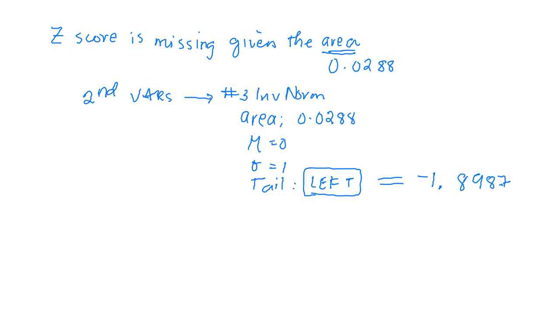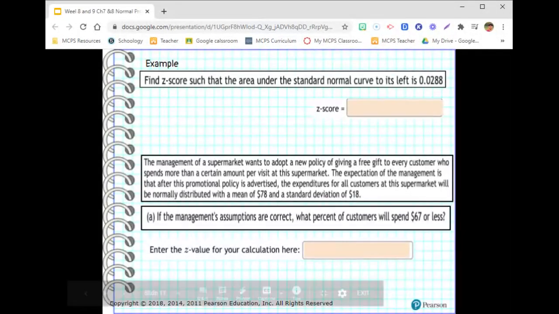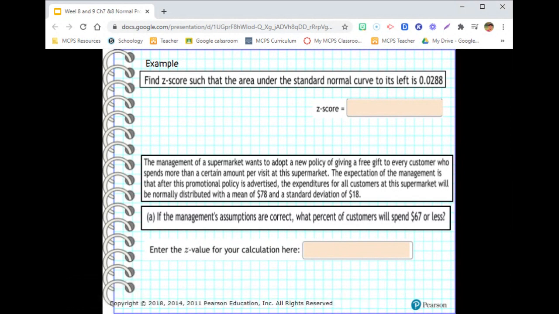Let's see. This problem right here, the next one, let me share my presentation again. Okay. The management of a supermarket wants to adopt a new policy of giving a free gift to every customer who spends more than a certain amount per visit to the supermarket.